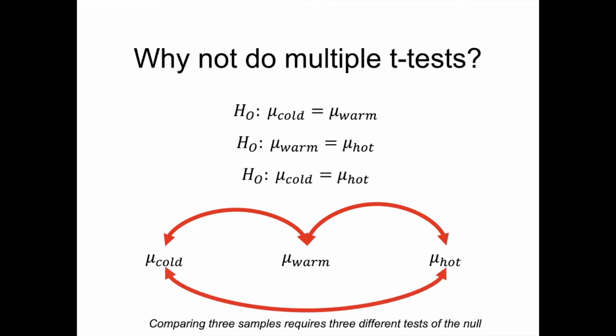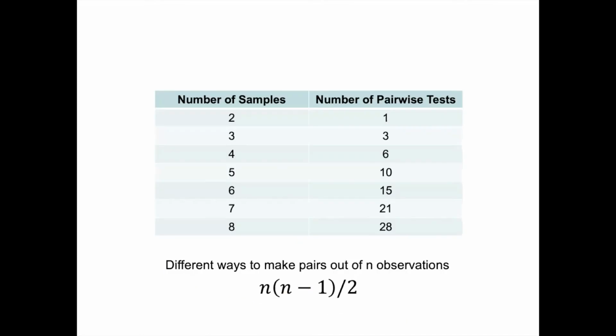And finally, when we compare cold to hot, we're testing this third null hypothesis that the mean temperature in cold environments is equal to the mean body temperature in hot environments. So comparing these 3 samples then requires 3 different tests of null hypotheses.